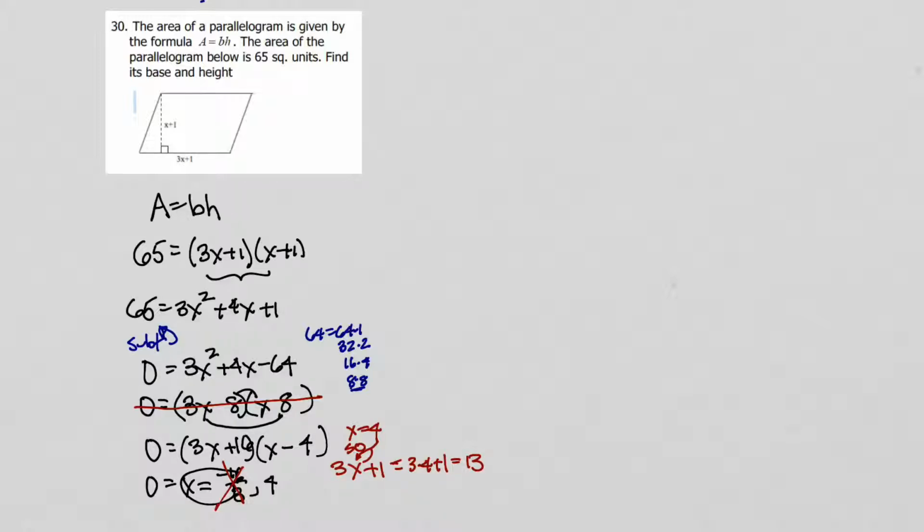And then, what do we get for the height? Well, the height is x plus 1. x we determined is 4, so 4 plus 1 is 5. So here's what we'll have: the base is 13 units, whatever the units are, and the height is 5 units.